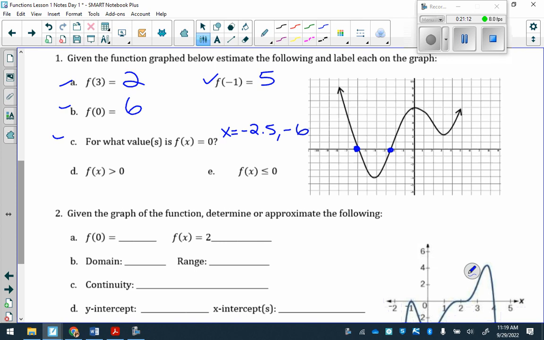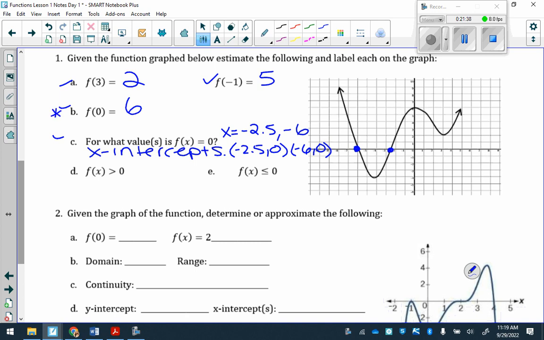Awesome. So for C, what would this be labeled as then? What's another word we could use for these? X-intercepts. Good. These would be your x-intercepts, which are typically written (negative 2.5, 0) and (negative 6, 0).